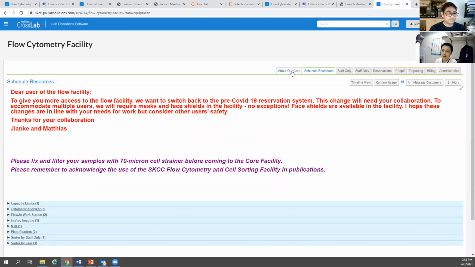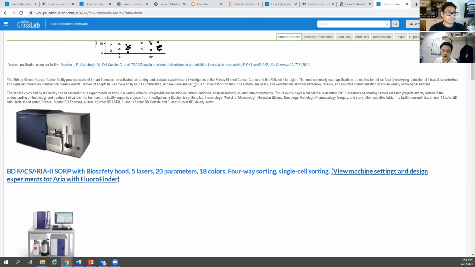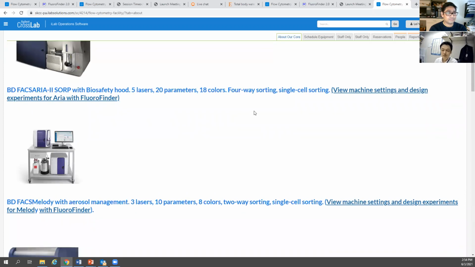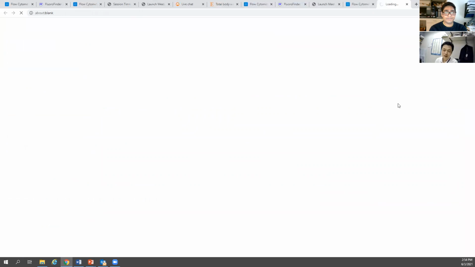When you go to iLab, go to our homepage. That's where you can see we list all this equipment, and under each piece of equipment you will see a link, view machine settings and design panels. For example, if you want to use this machine, you click the link.